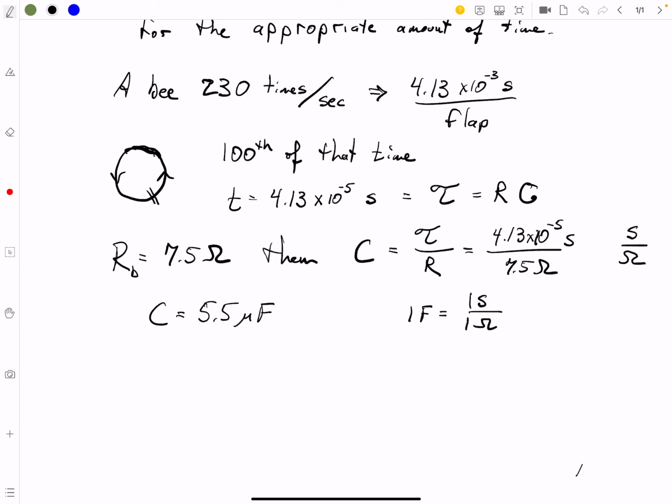You can flip that all around and say that 1 second is equal to 1 farad times 1 ohm, and that 1 ohm is equal to 1 second divided by 1 farad. So yes, the units actually work, and believe it or not, there you go.